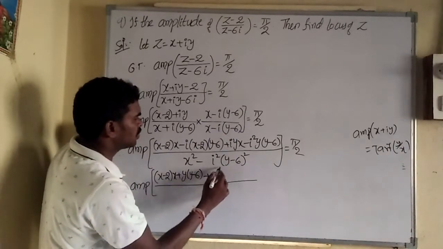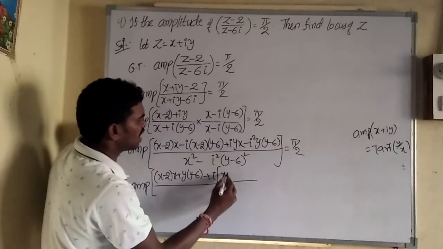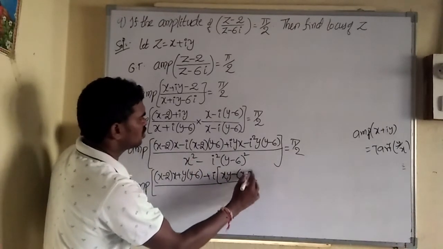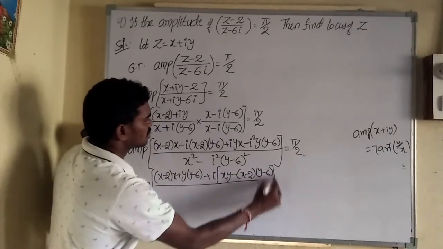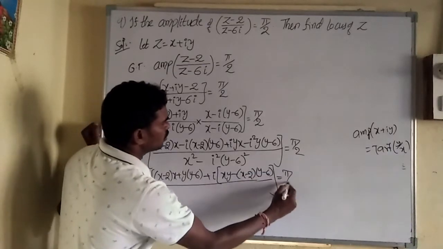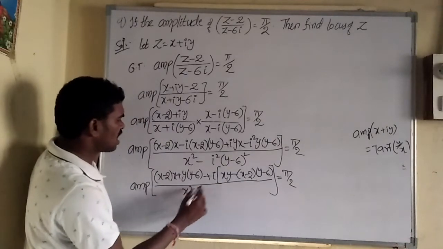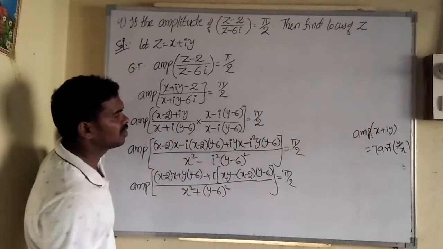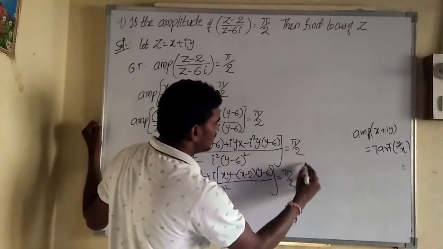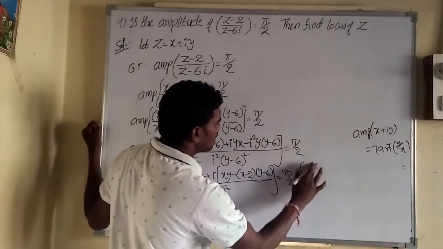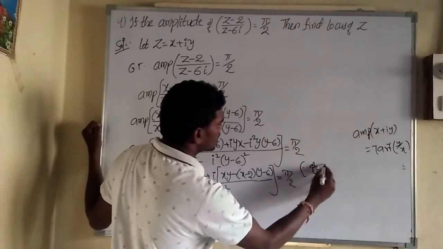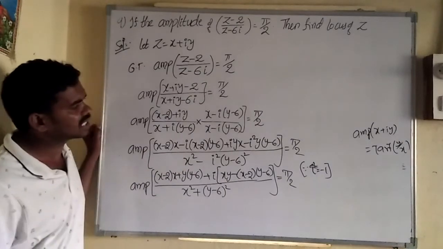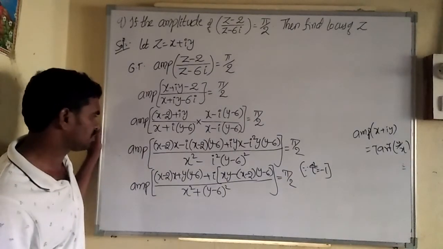So plus i into, here the i term is xy, the i coefficient, and minus of (x minus 2)(y minus 6), is equal to pi by 2. And in the denominator, x squared, since the value of i squared is minus 1, plus (y minus 6) whole squared. You just write on the side that i squared is equal to minus 1. In the previous sums also, write at the side that i squared equals minus 1.